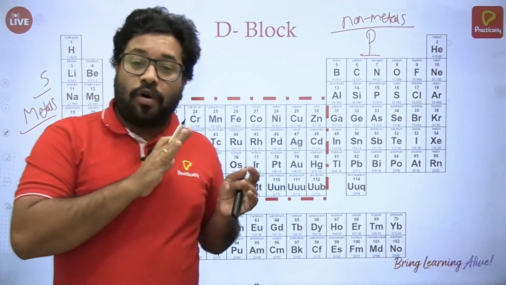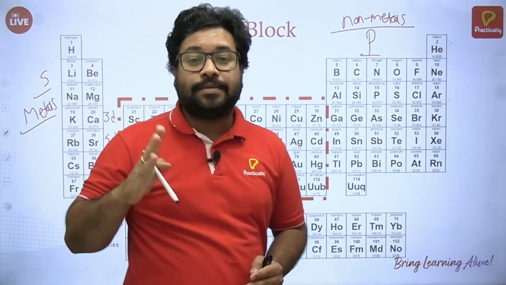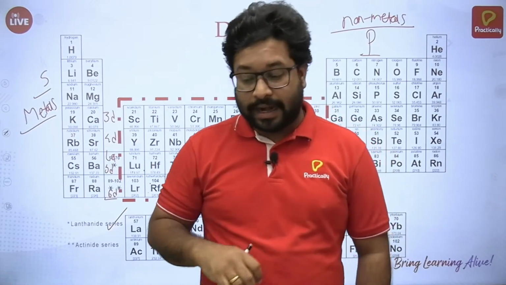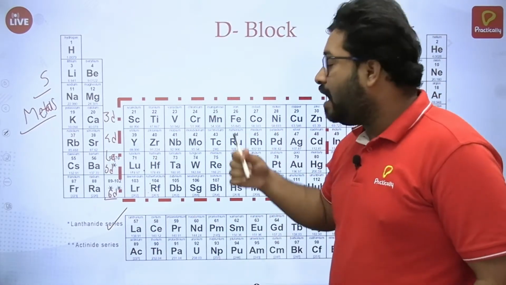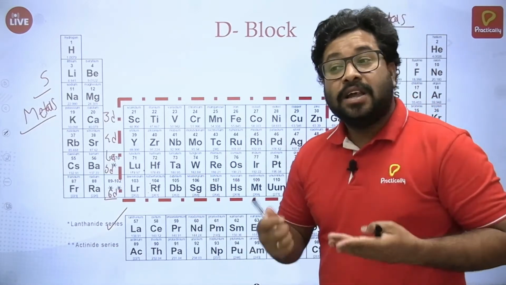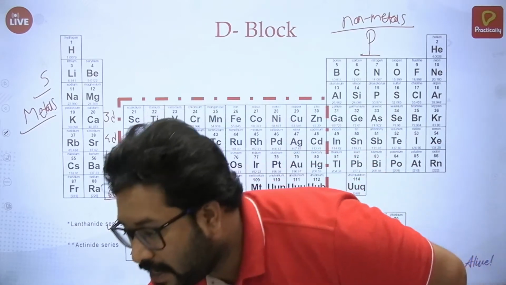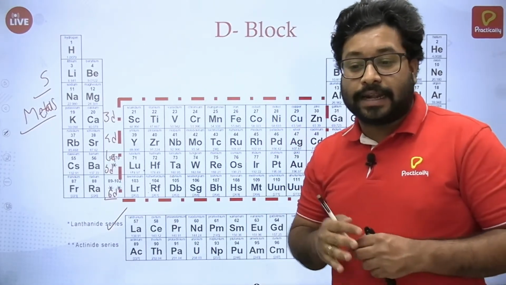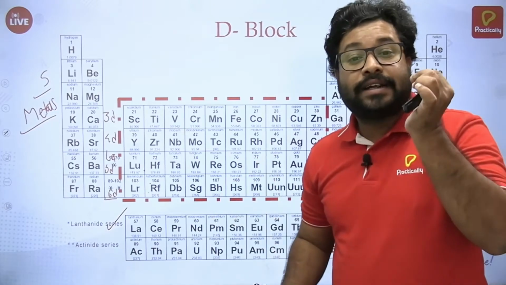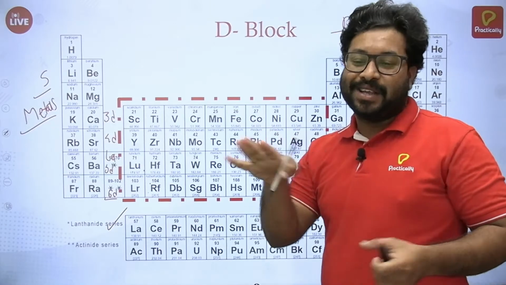So as you go from S block to P block, they change from metallic to non-metallic via the D block elements. That means through D block elements, the transition is happening, and that is why they are called transition elements.